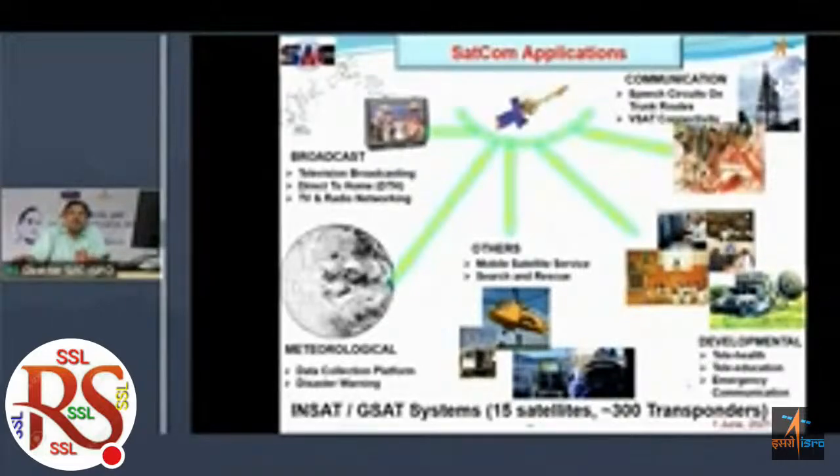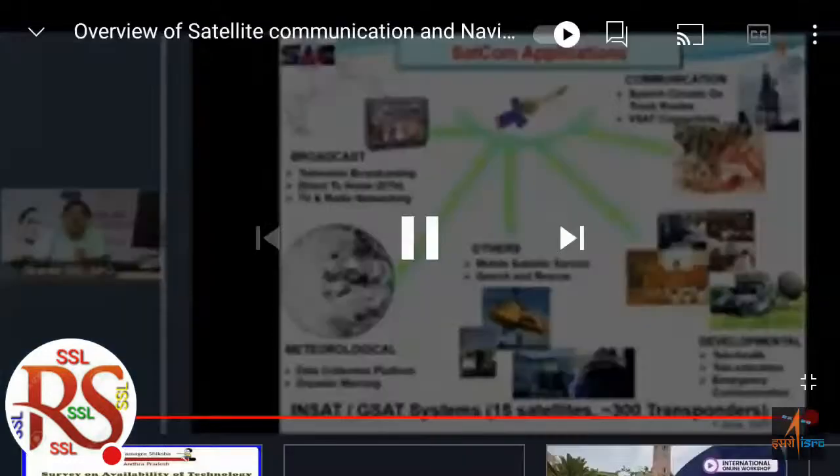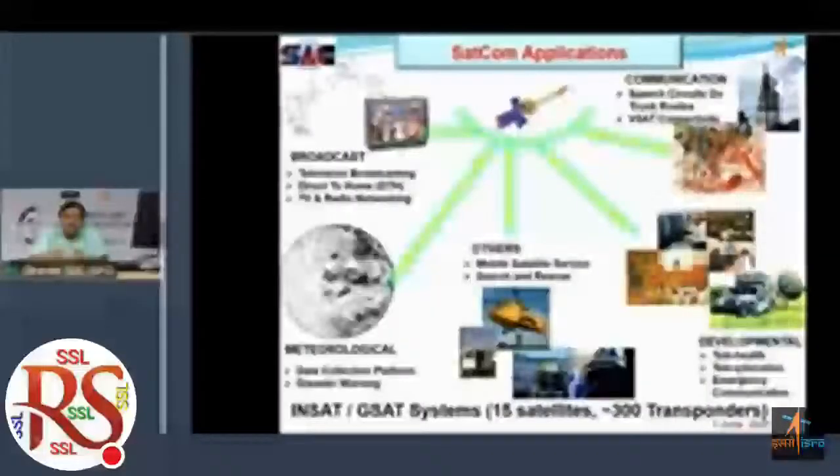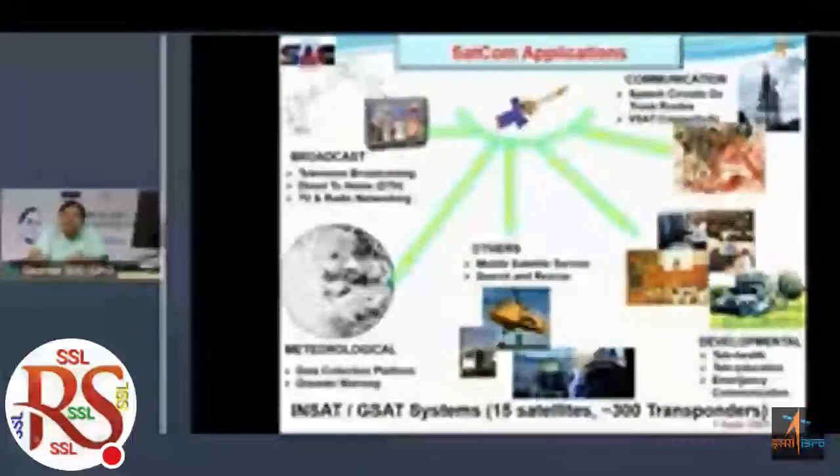So all these things you can do: tele-education. We realized the importance of telemedicine and tele-education during this pandemic. Right now we do it through the internet also, but satellite also plays a major role in providing a backup structure for all this telemedicine and tele-education.